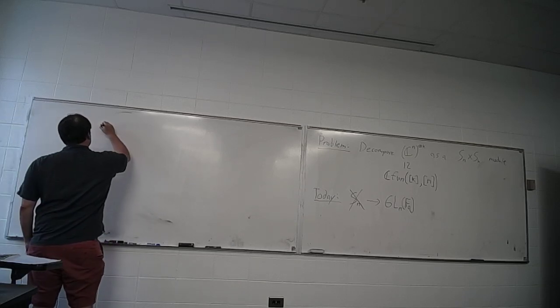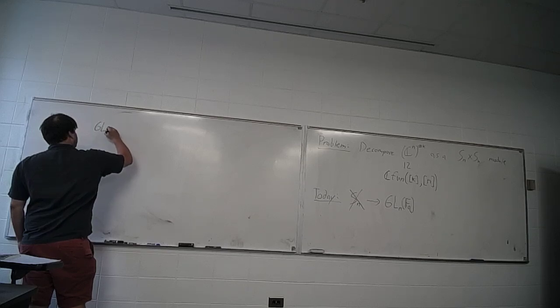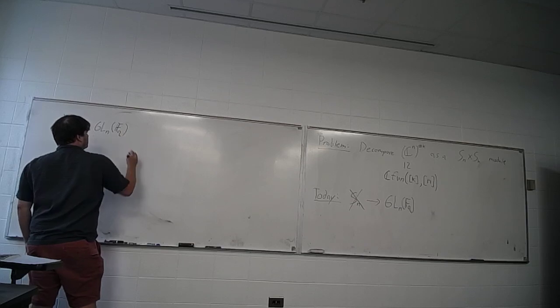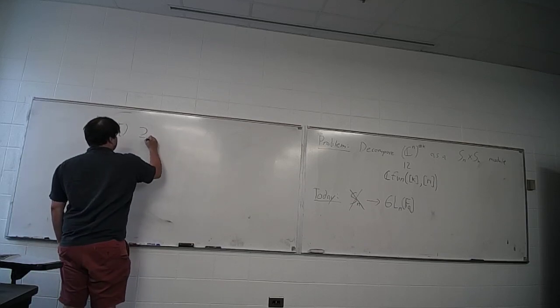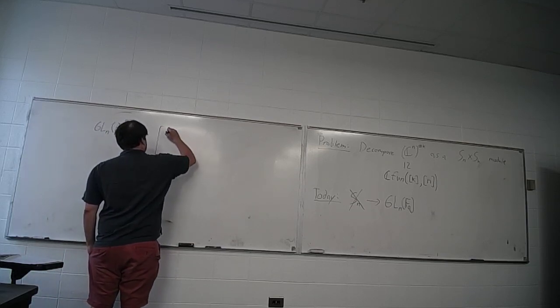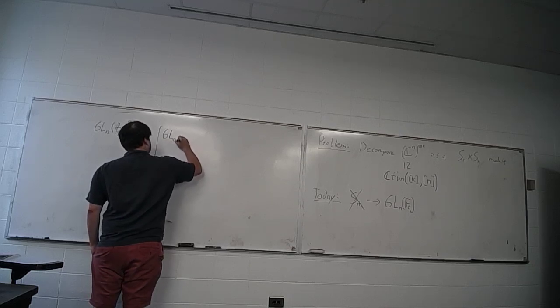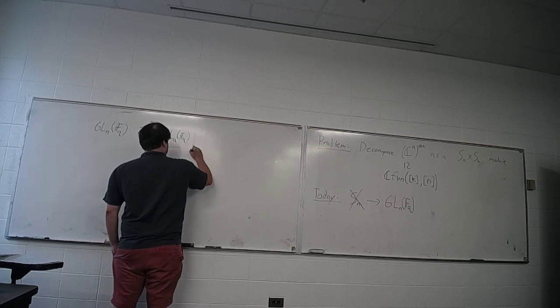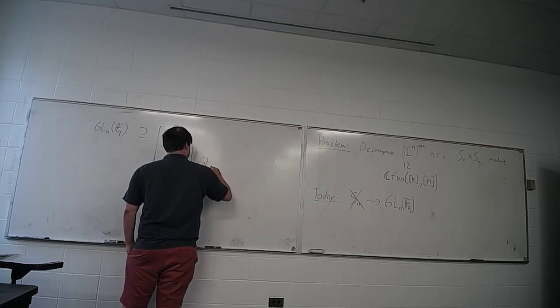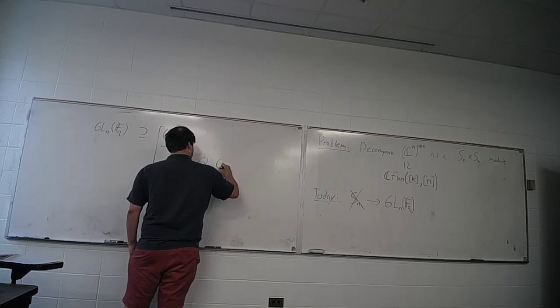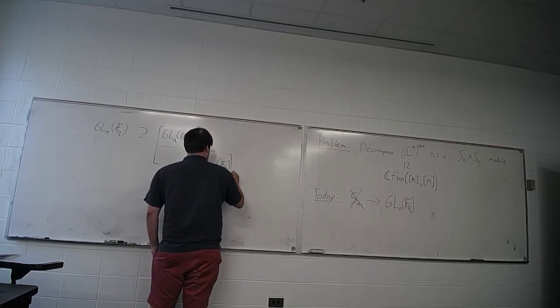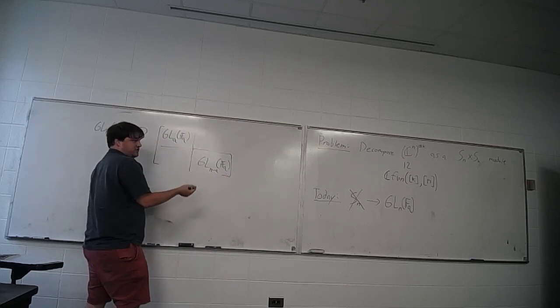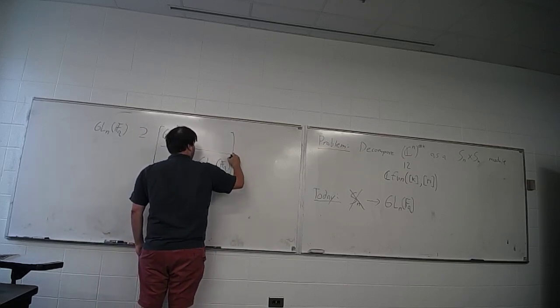So if I have GLN-FQ, sitting inside of it I can take GLA-FQ and GL n minus A-FQ. I could keep going, I could have more than 2 parts, but I'll just do 2 for now.